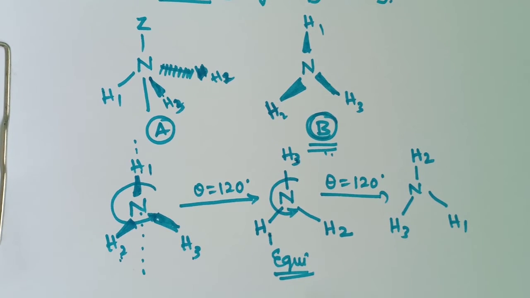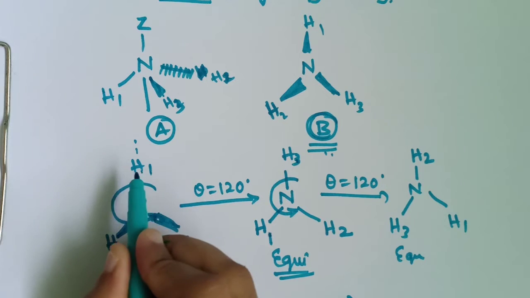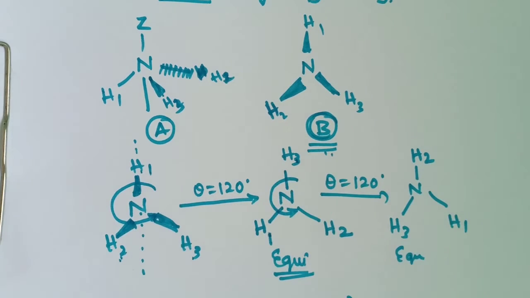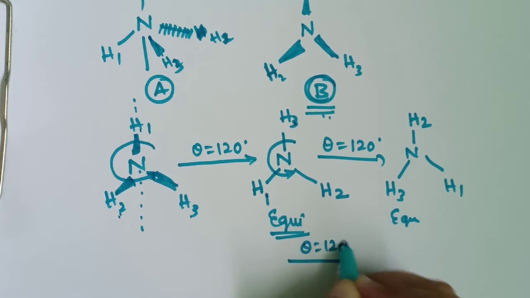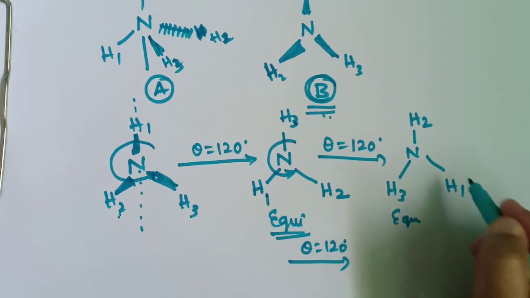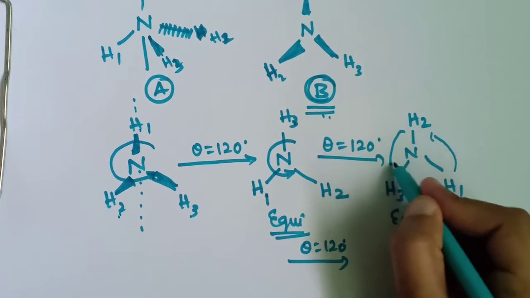And again rotating it, it is also an equivalent configuration. That means it is not similar to the original configuration. In the original configuration it is H1, and here it is H2. So by rotating again by theta equal to 120 degrees, this will come this side, this will come this side, and this will go that side.